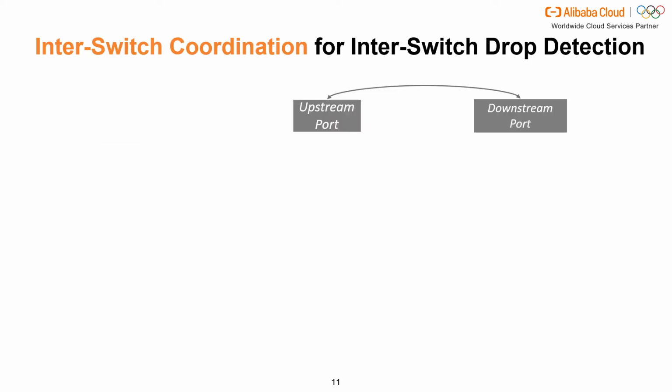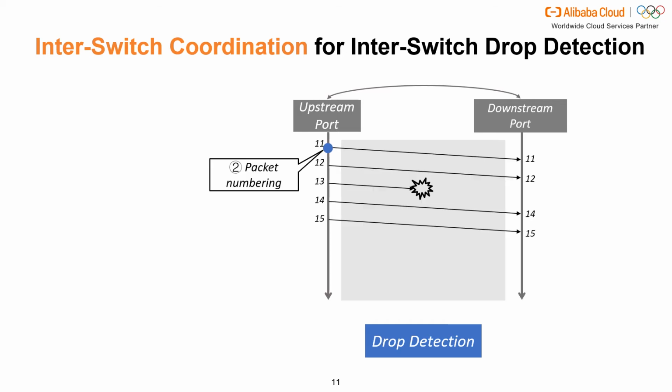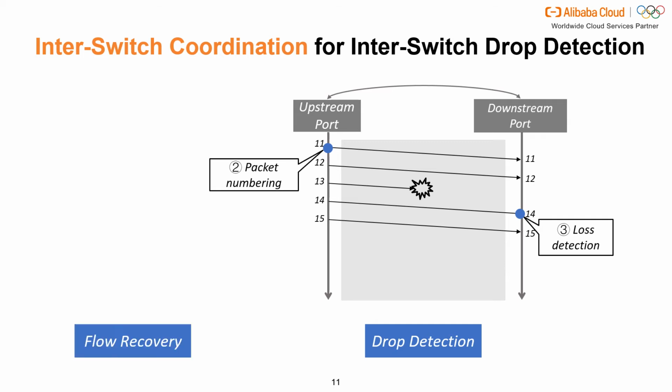NetSeer proposes to leverage inter-switch coordination to detect inter-switch packet drops. First, for detecting packet drops, NetSeer will mark each packet with a sequence number. Then, the downstream port will check the sequence number in headers and detect packet drops when encountering a sequence number hole.